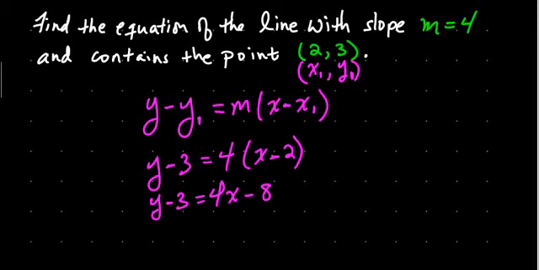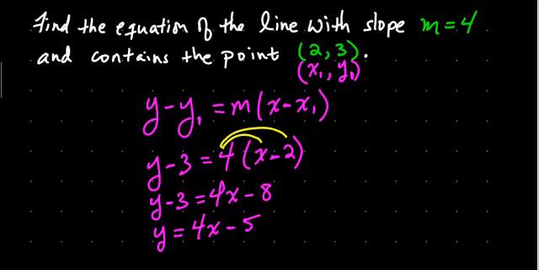Add 3 to both sides and we get y equals 4x minus 5. Okay, let's check again. So y minus y1, y minus 3 equals m, which is 4, times x minus 2. So we distribute the 4. We get 4x minus 8. Add 3 to both sides and we get y equals 4x plus 5.